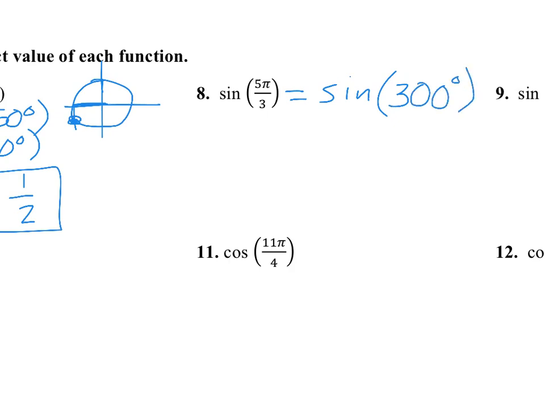Alright, so I'm going to use the same circle that I just did. 300 is around here. So after 270, 30 degrees more. That looks like a short x, but a long y. And it's down, so that would be negative rad 3 over 2, because sine is the y coordinate.